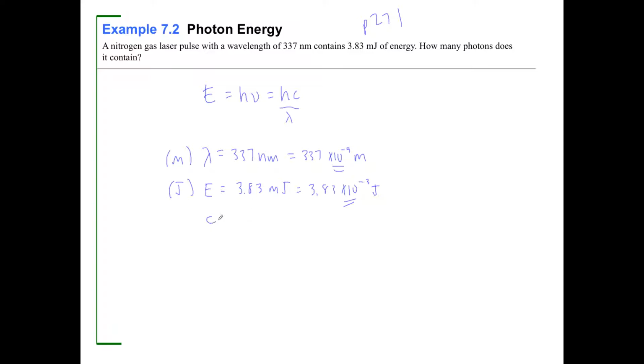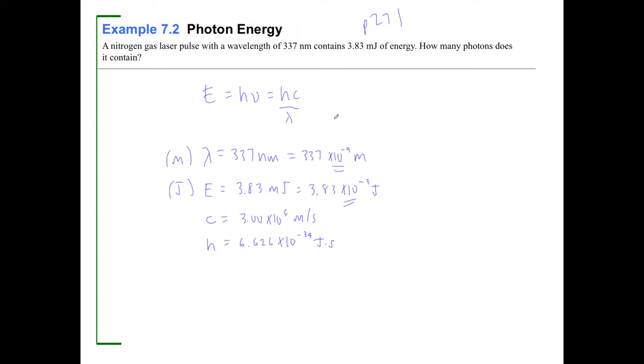I'm going to go ahead and write a couple other things down that I know. c is equal to 3.00 times 10 to the 8th meters per second, and h is equal to 6.626 times 10 to the minus 34 joules times seconds.